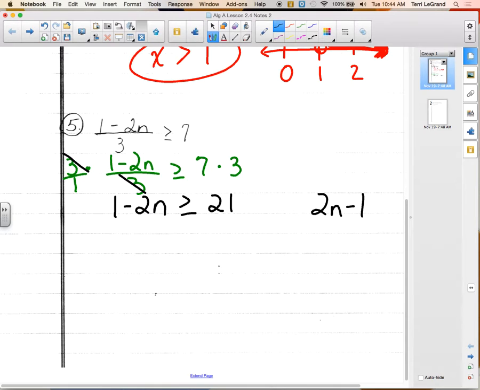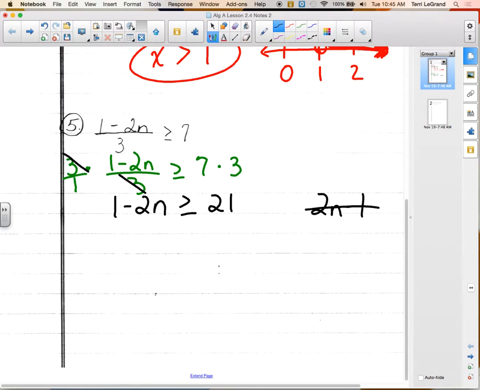Proof of that would be this. What is 1 take away, let's say, 4? 3. Negative 3, isn't it? 1 take away 4 is negative 3. What if I take 4 and subtract the 1? 3. That's positive 3. They're not the same thing. 10 take away 5 is not the same as 5 take away 10. So we can't say that just because there's subtraction.